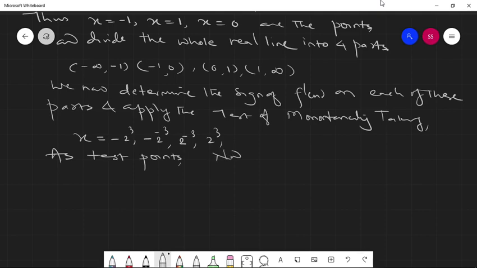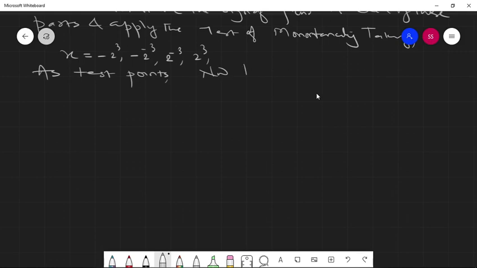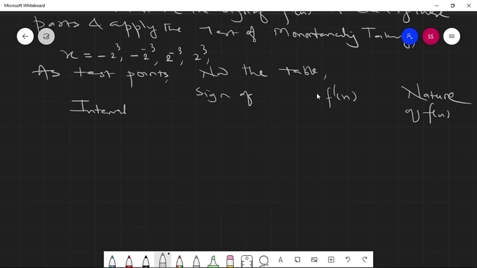Now the table. Here the interval, the sign of f dash x, and the nature of f x. The interval is minus infinity to minus 1.